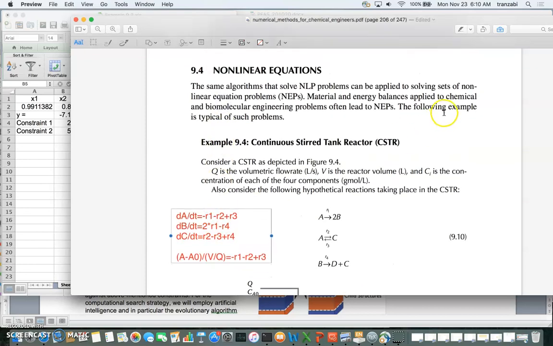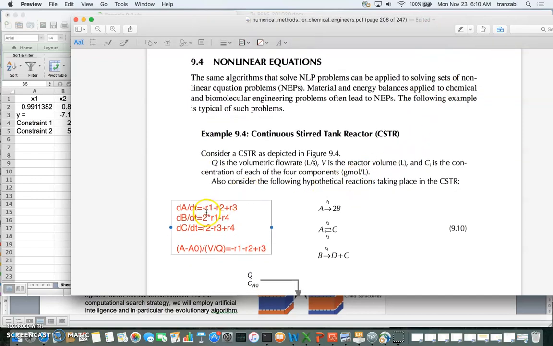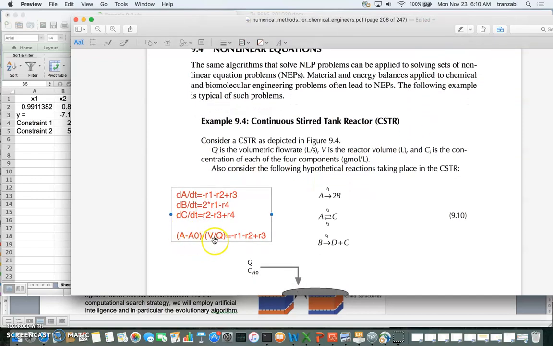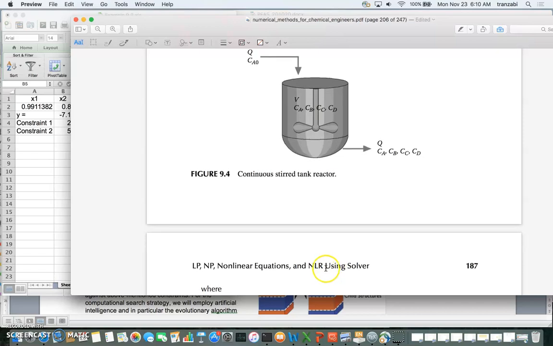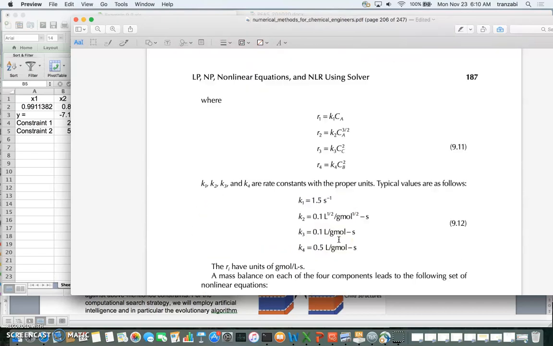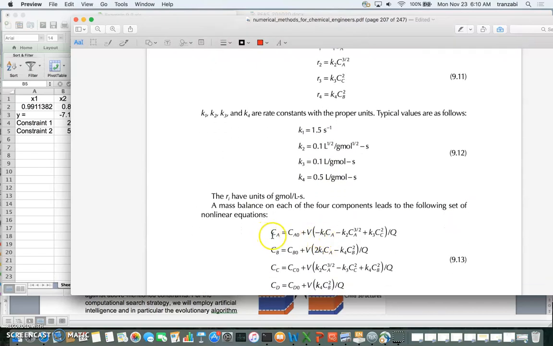Okay, so let's check this one. It's going to be A minus A naught divided by V over Q equals minus R1, which is minus K1 CA. So this is CA minus CA naught, and then you can divide through by V divided by Q. So far so good. The right hand side is going to be minus K1CA, that's the leftover after simplification.